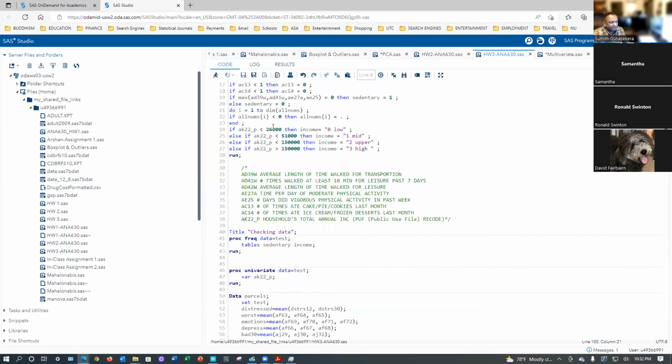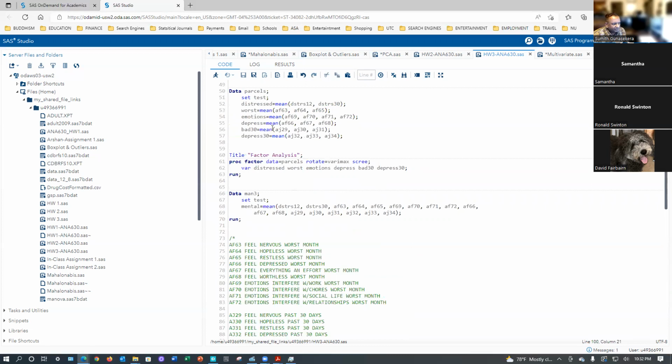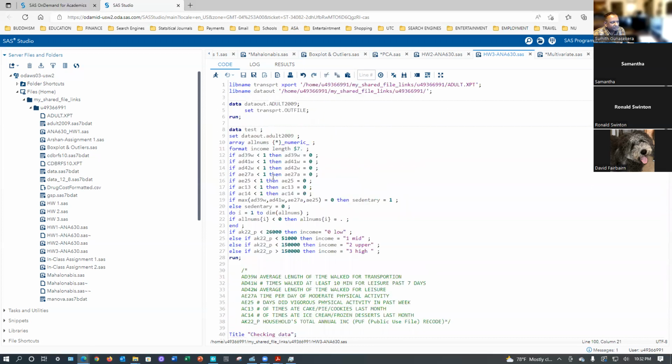Give me a little bit, I'm going to run this one. I don't need a factor analysis, but I keep that over there too. Let's see.